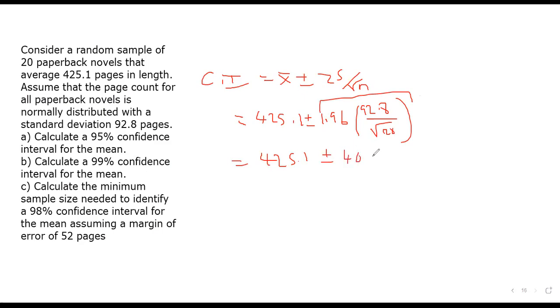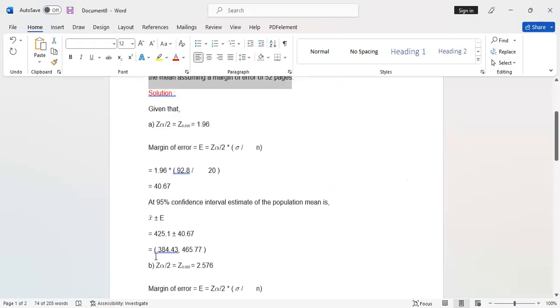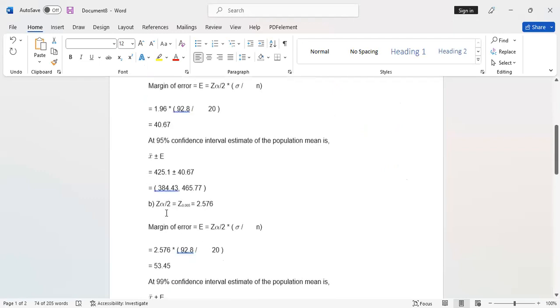The lower bound is 384.43, and the upper bound is 465.77. So this is how we do that. This is the solution: 384.43 and 465.77.